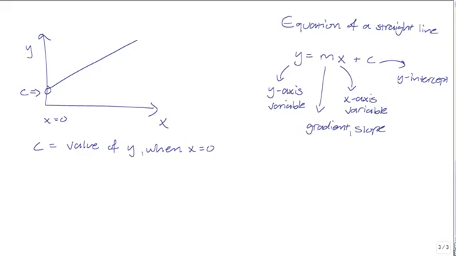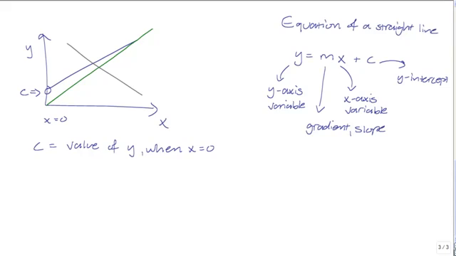Now the gradient can have different values. If your graph has a gradient of 1, then you have the exact proportionality between y and x. If your graph has a negative constant gradient, your graph will be a straight line, but it will slope downwards.